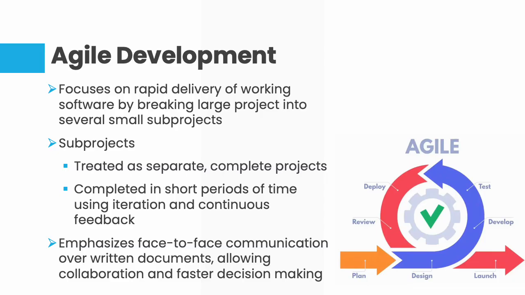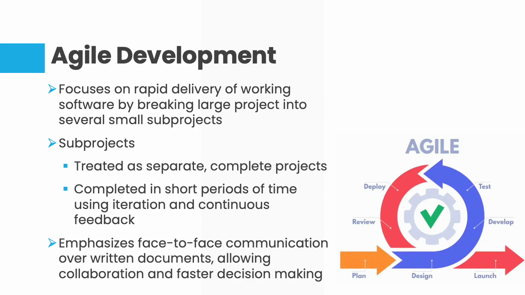And each small sub-project goes through a cycle of planning, designing, building, and testing. After each cycle, the team shows a working piece of software to the users and then gathers feedback and improves it in the next cycle, and this is called an iteration.